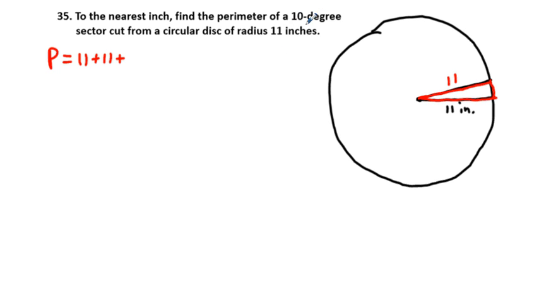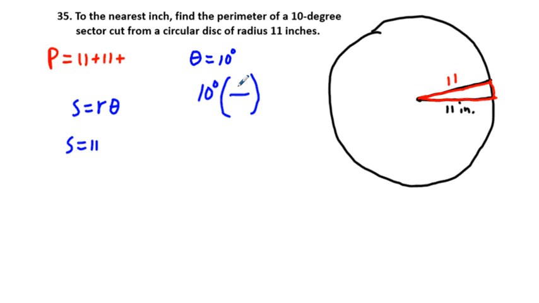Well, the arc length, we have a 10-degree swath. So we have that equation earlier, S equals R theta, to find that distance. S is going to be equal to R times theta. We already know R is 11, but theta equals 10 degrees. And 10 degrees, if we convert that to radians, which we're going to need to do, we use this formula: we multiply by pi radians over 180 degrees.